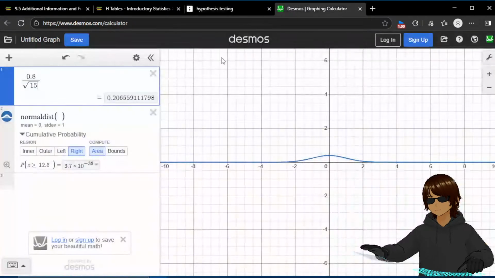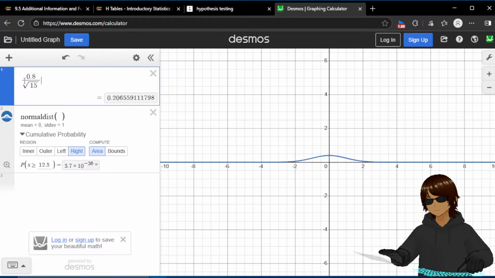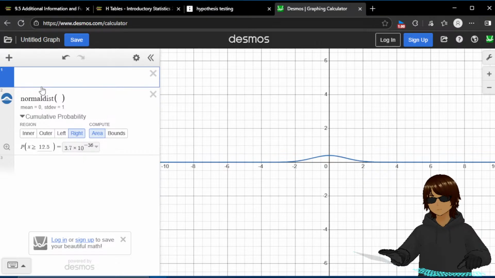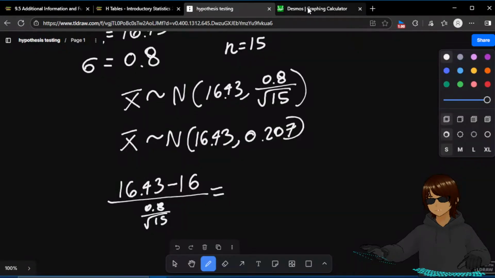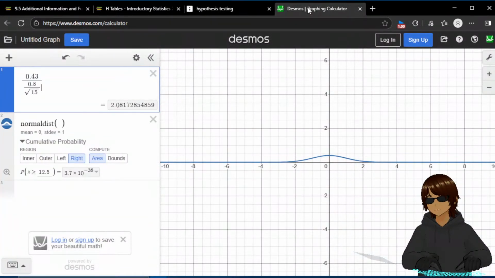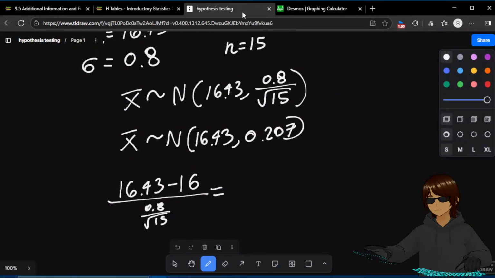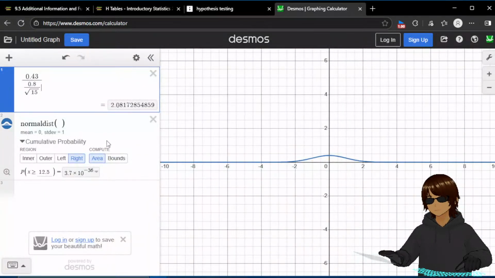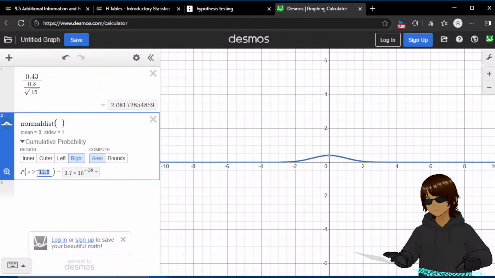So 0.43 divided by this gives 2.0817. The area is 0.019.